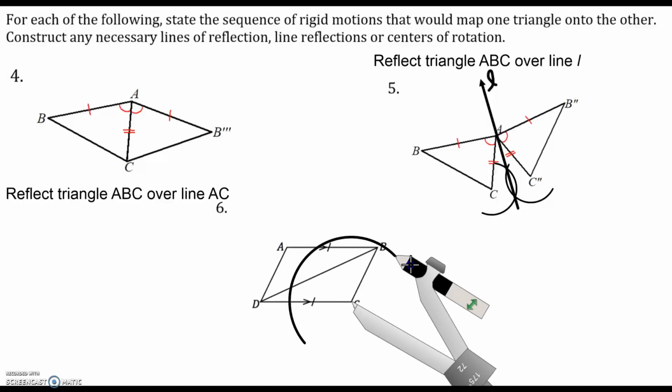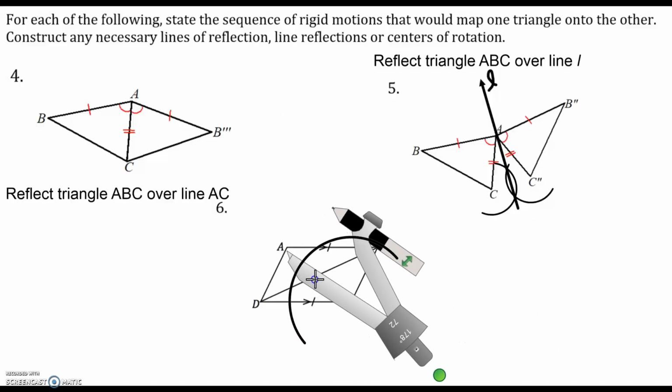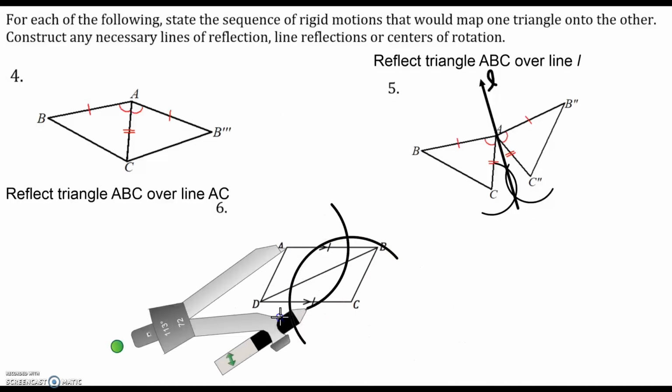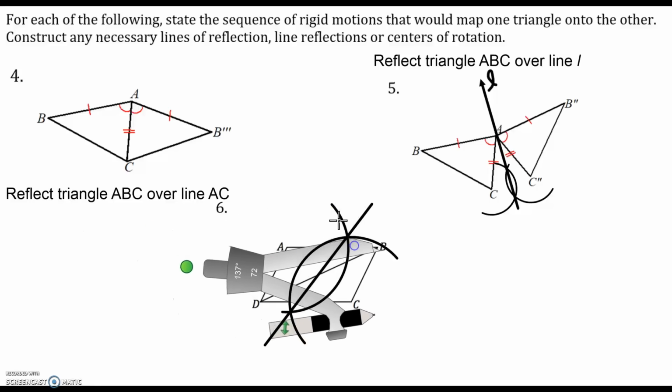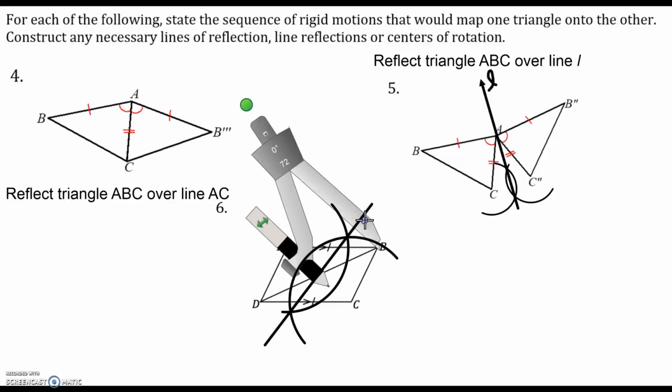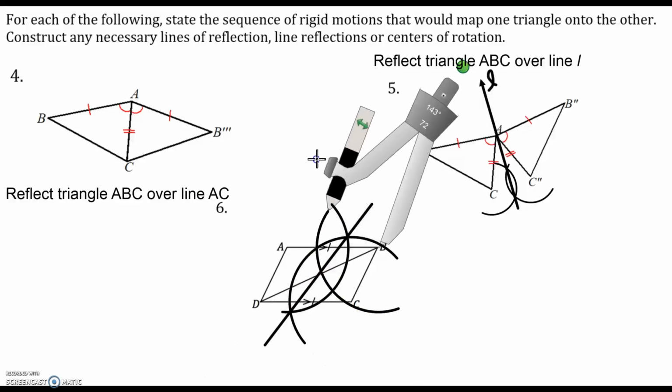More than halfway between A and C, and then do the same thing from the other end. And we connect those to make one of our lines. And then another pair of points that would correspond were B and D. So B would land on D. And more than halfway between those, we're going to construct that line.